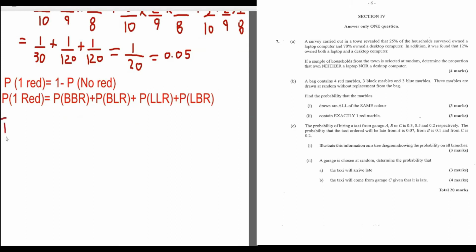1 minus no red. It does seem shorter now. So the probability of no red means you draw absolutely no red at all.